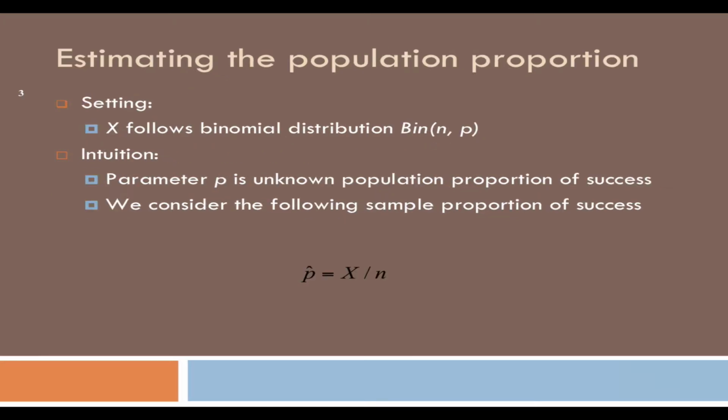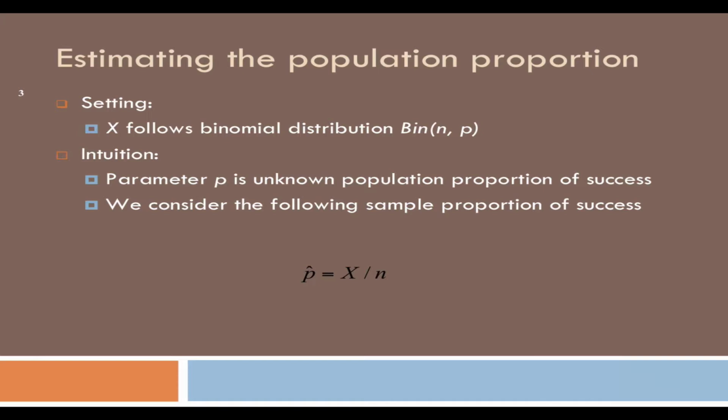So parameter P is the unknown population proportion of success, or of an event. And then you have a sample. In your sample, you can estimate the sample proportion of the event, which is P hat.